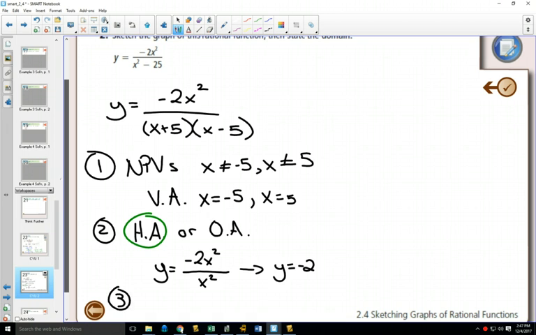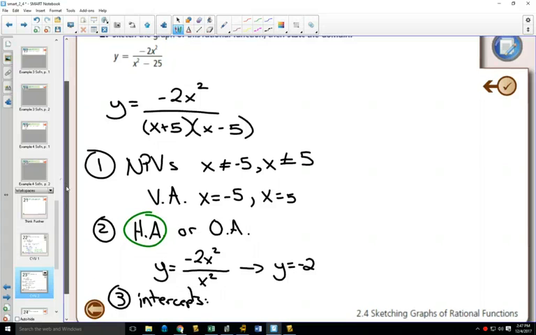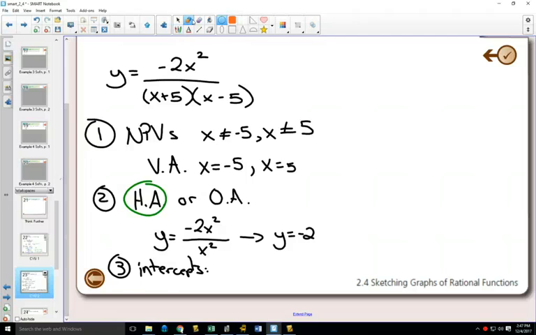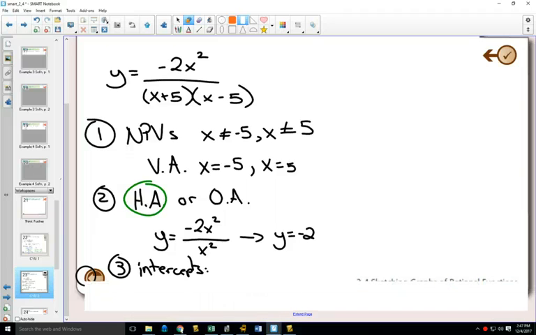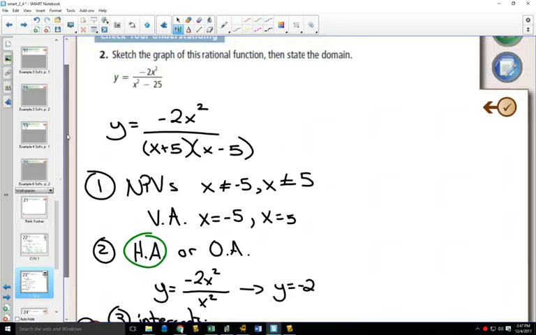Step 3. Let's find all of our intercepts. Find your y-intercept by plugging in 0 for x.